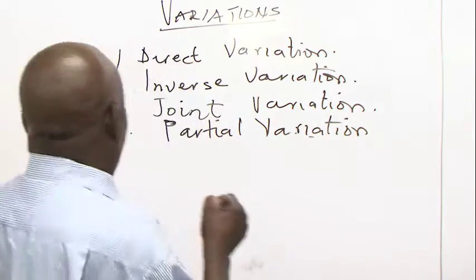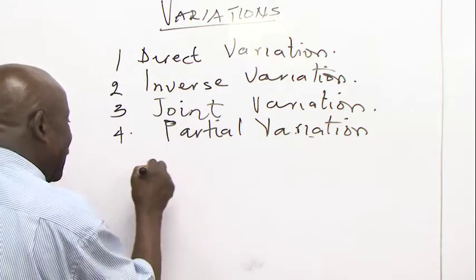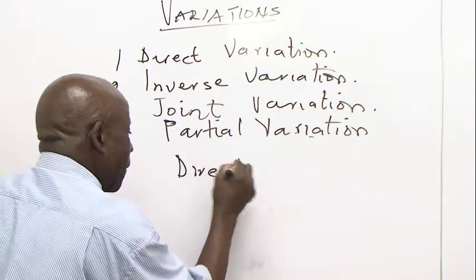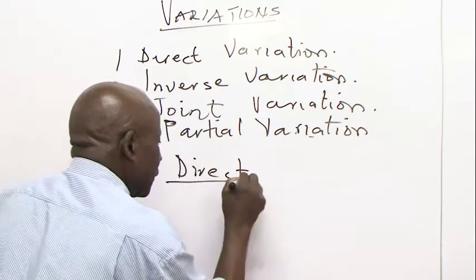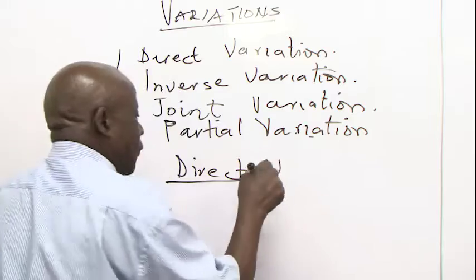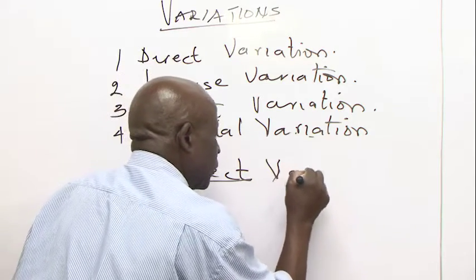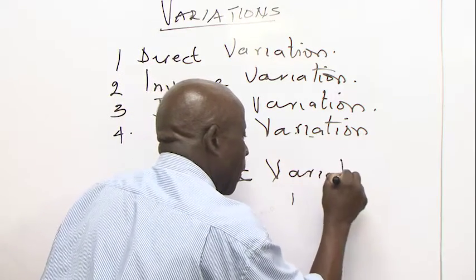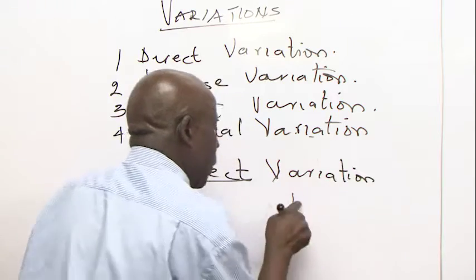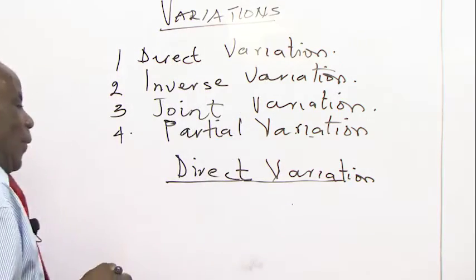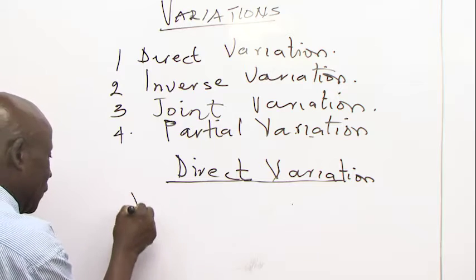I will take the first one, direct variation. That's the first one we are going to consider. Variables.